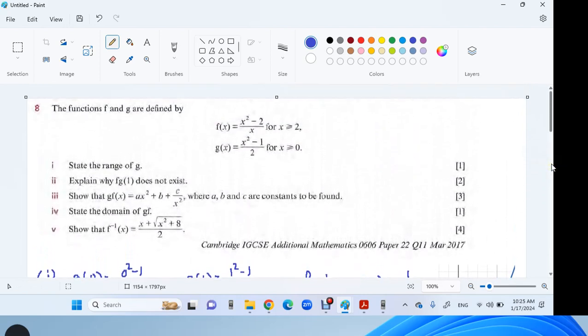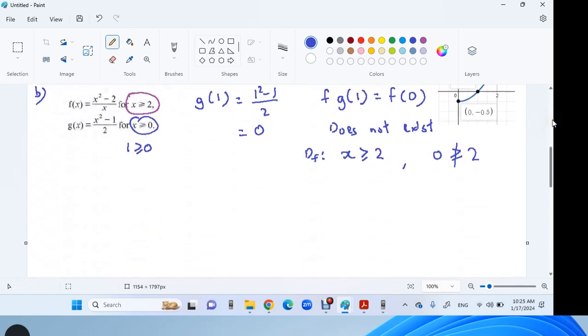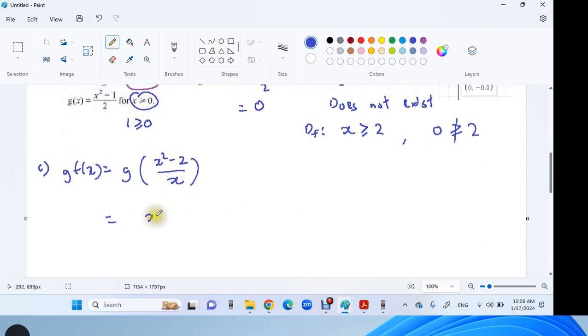Later we need to show that gf is this. So the question wants us to find the composite function gf(x). That is g of x squared minus 2 over x, which becomes x squared minus 2 over x, minus 1 over 2.